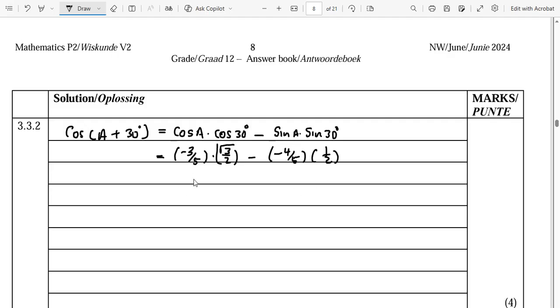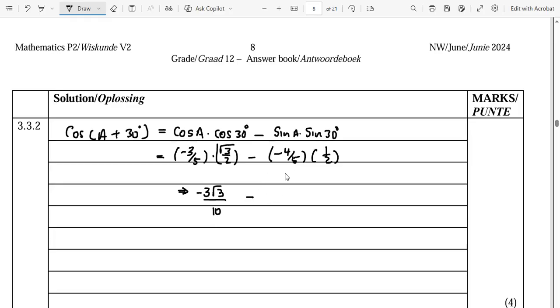Now when I work this out, I'm going to multiply the top part first. What do I get? Minus 3 times root 3, which is minus 3 root 3, over 5 times 2, that's 10.